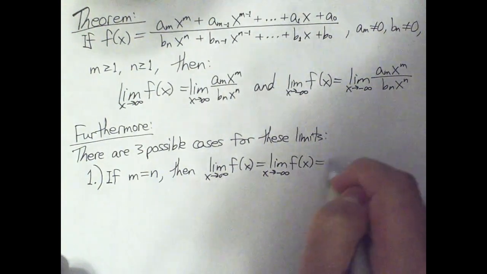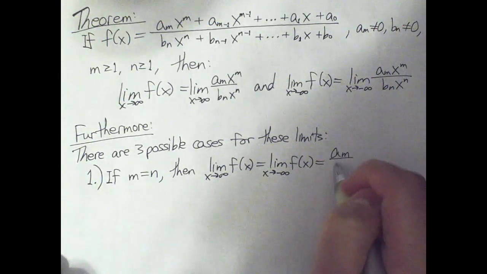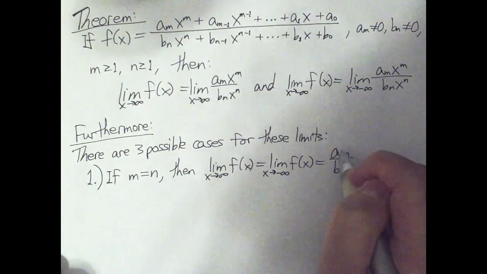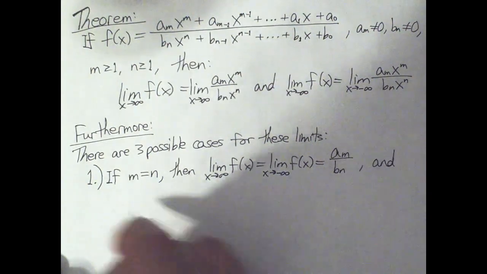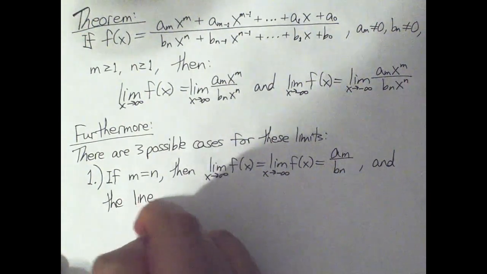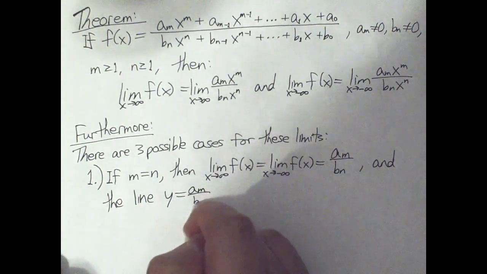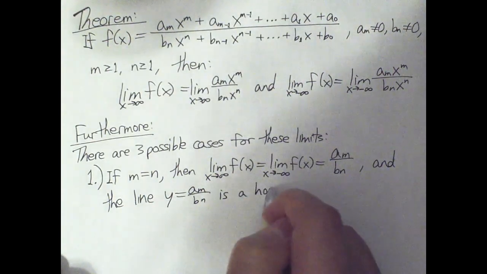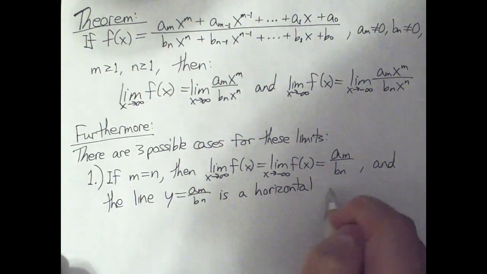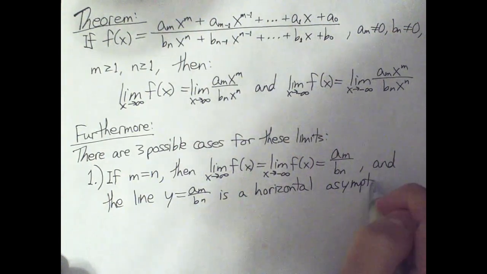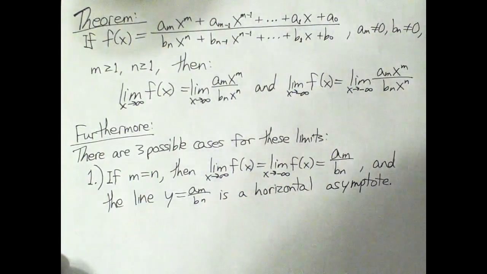They're actually equal to each other. And they both equal a_m over b_n. And the line y equals a_m over b_n is a horizontal asymptote. a_m and b_n are just constants. So this is giving us some kind of constant, maybe it's 2 over 3, or something like that. And we've found the limit, and we've also found that that is a horizontal asymptote.